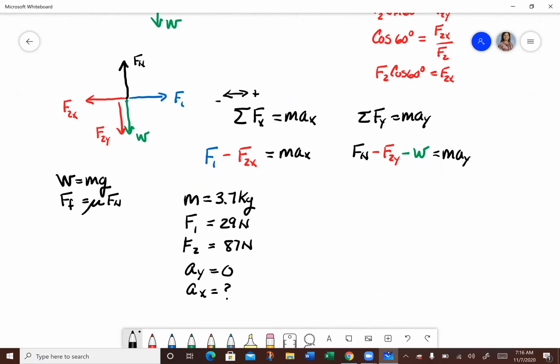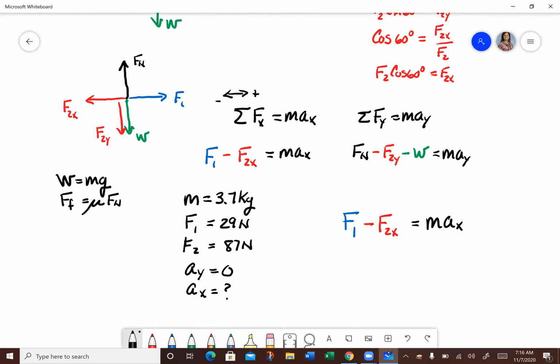What is my acceleration in the X? So the only equation that has AX is this equation right here. So I'm going to write that equation. It would be F1 minus F2x equals MAX. So I go through my list. Do I know F1? Yes. Do I know F2x?